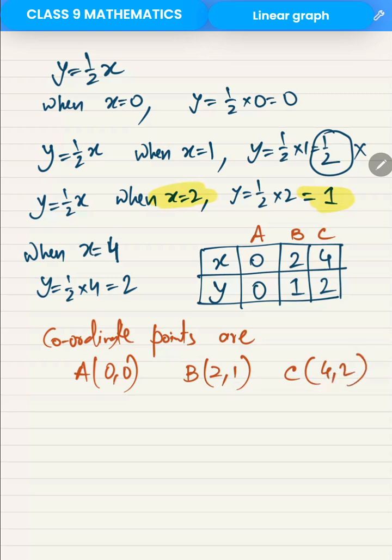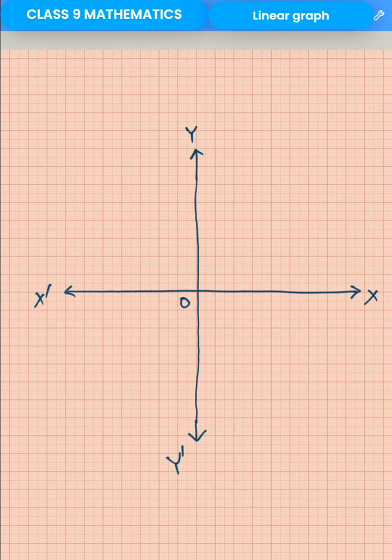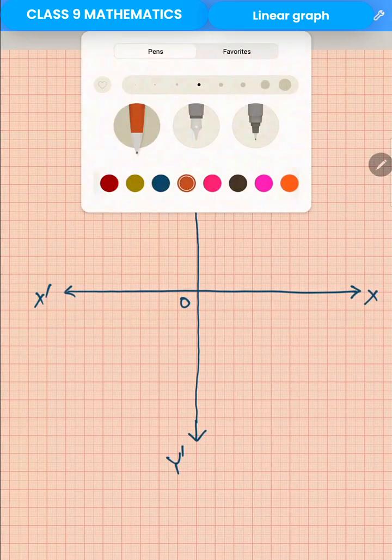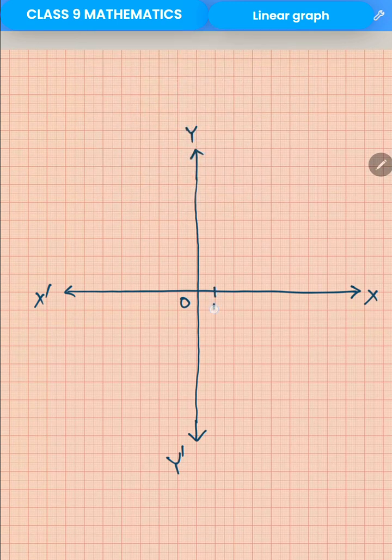Now we will plot these points in the graph paper. We take each broad line as one unit of length in the graph paper. Write the positive 1, 2, 3 on the positive x-axis. Similarly, on the positive y-axis, write 1, 2, 3.